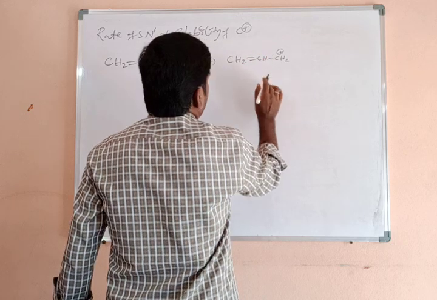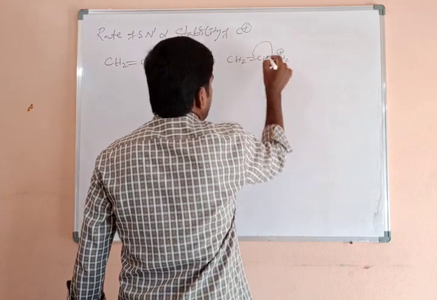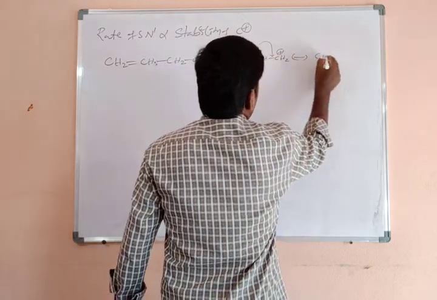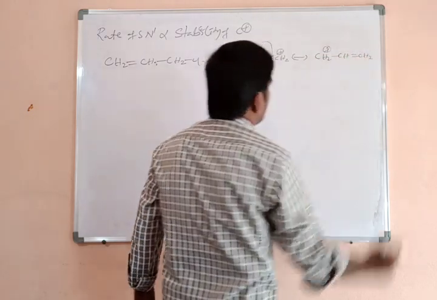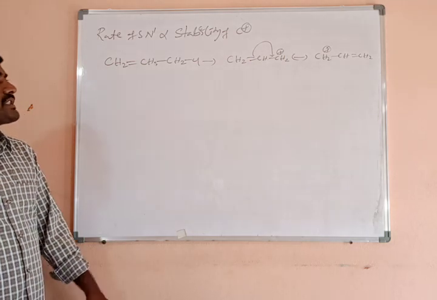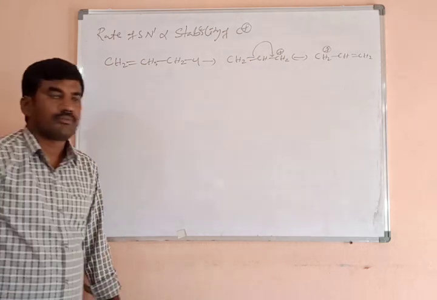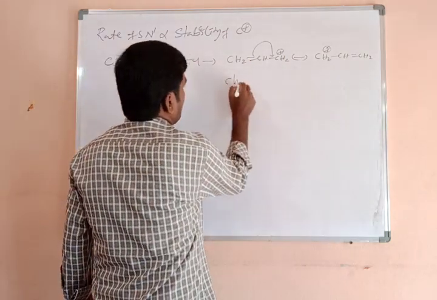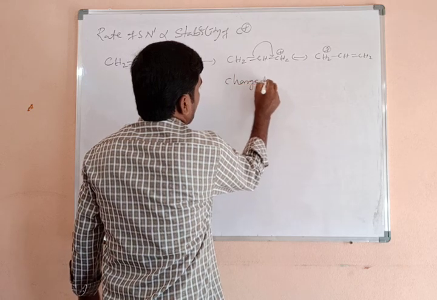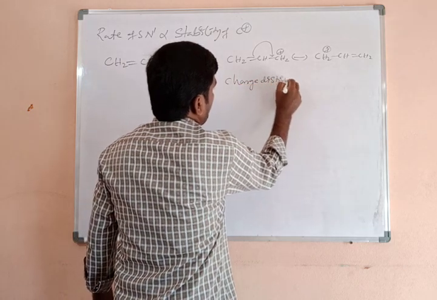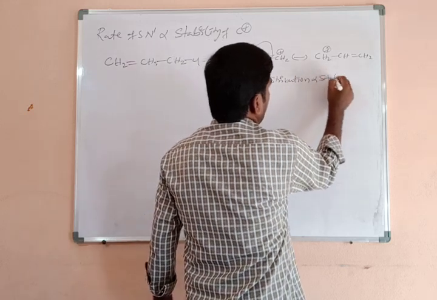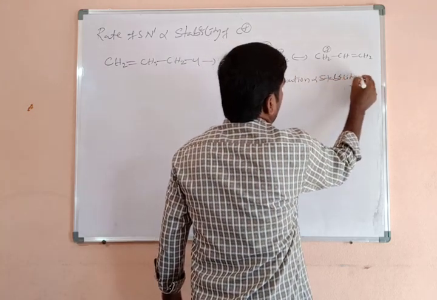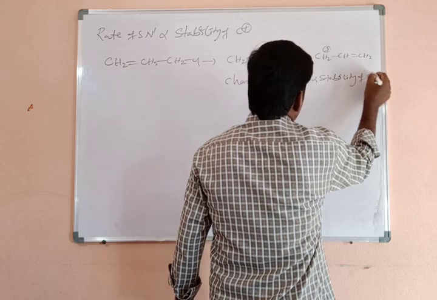This primary carbocation undergoes resonance structures. In the resonance structures, the charge present on the carbon is distributed. Charge distribution is directly proportional to the stability of carbocation.